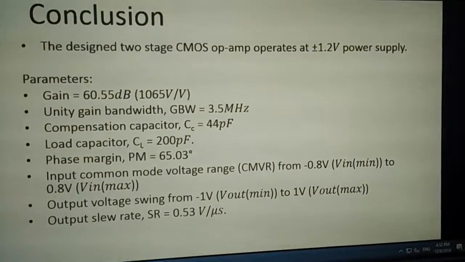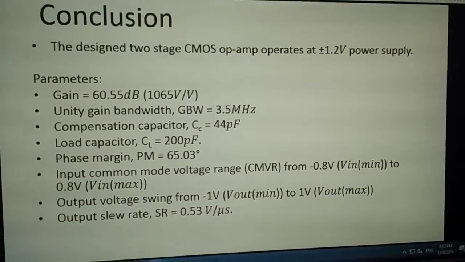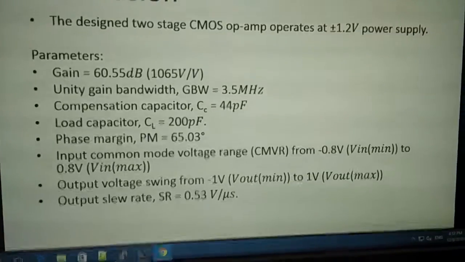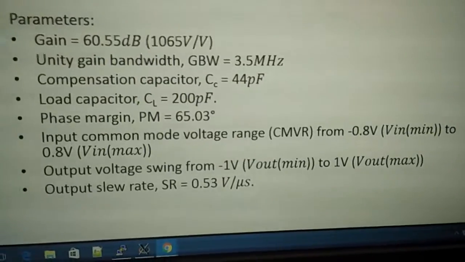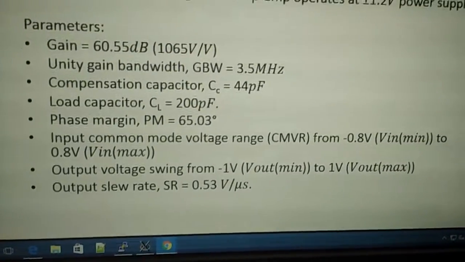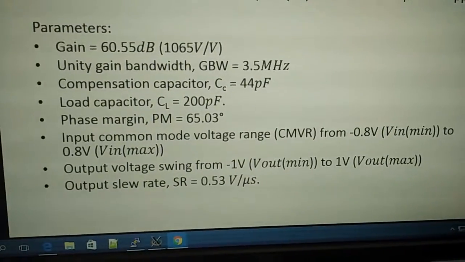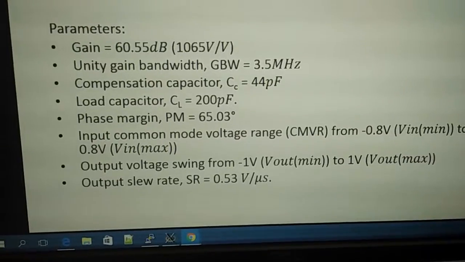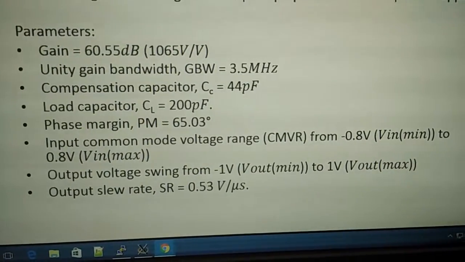In conclusion, the designed two-stage CMOS op amp operates at plus minus 1.2 volt power supply. For the parameters that we gained from the simulation, the gain is 60.55 dB, which is 1065. For the unity gain bandwidth, it is 3.5 MHz.